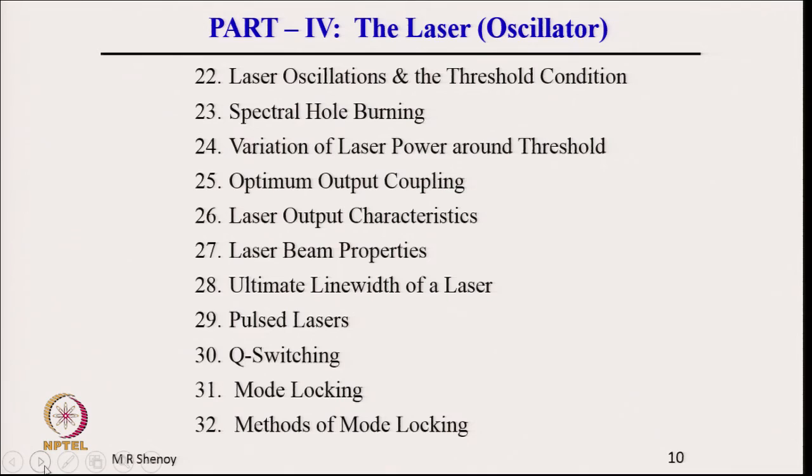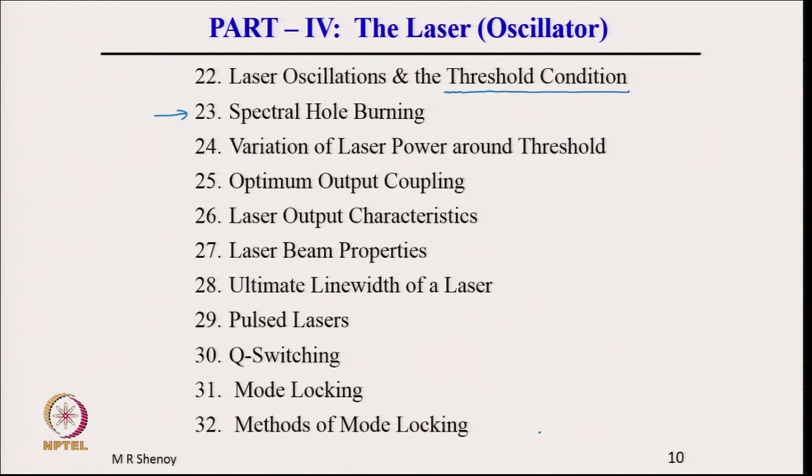Then we came to part 4, where we combined the amplifier and the resonator to make the oscillator or the laser, and we discussed laser oscillations and the threshold condition for lasing. An important aspect, spectral hole burning in an inhomogeneously broadened laser medium, is also discussed.